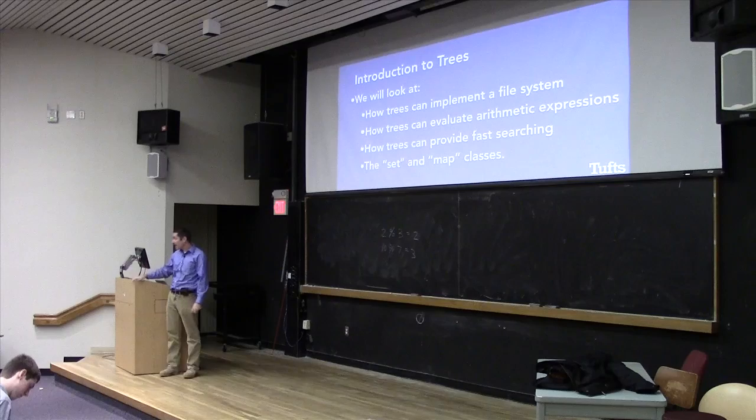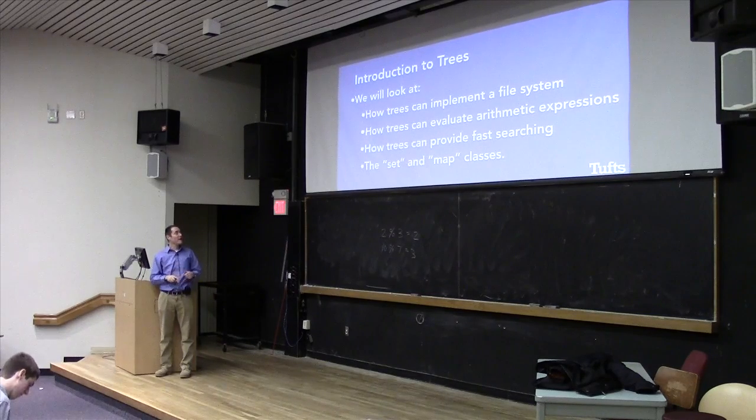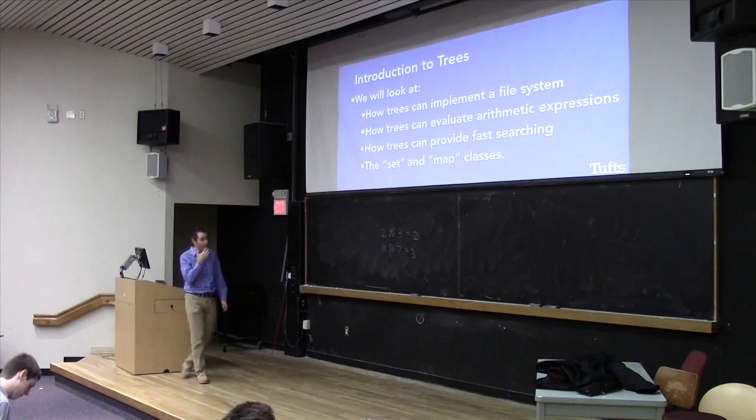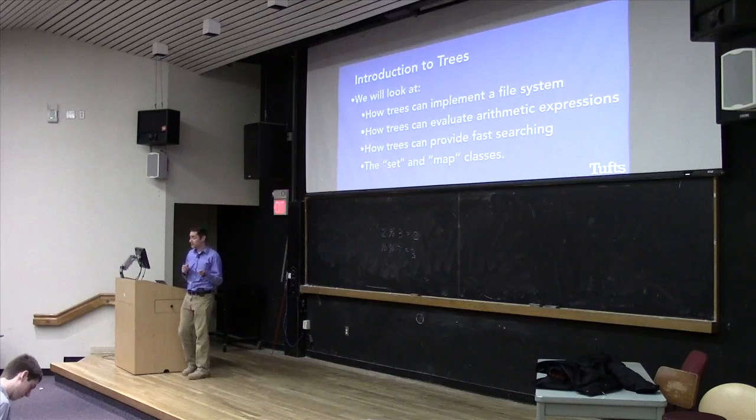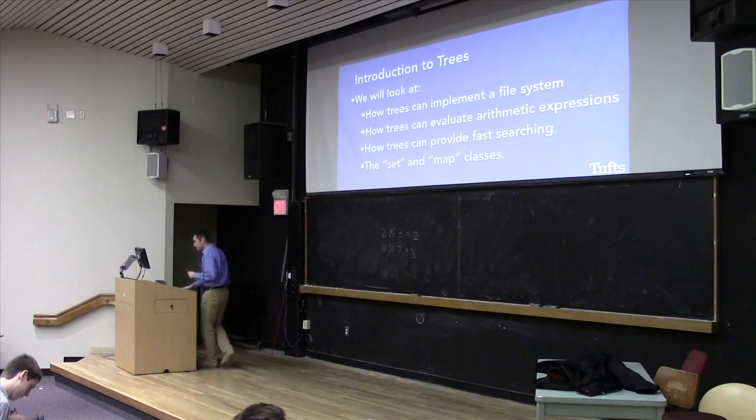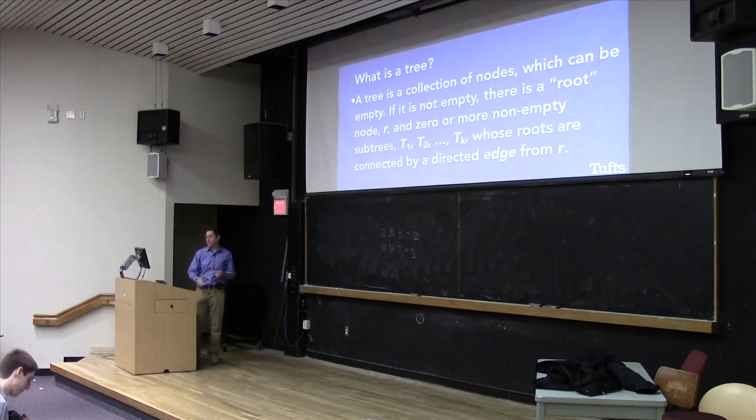Remember we did that with the stack? We're going to talk about similar things with trees. Eventually, and we're not going to get there today, we're going to talk about how trees can provide fast searching, like really fast searching, which is cool. And then there's a couple classes we're going to get into called a set and a map class, which are kind of important as well. But I think the most interesting one is probably the fast searching, which we'll get to in a little bit.